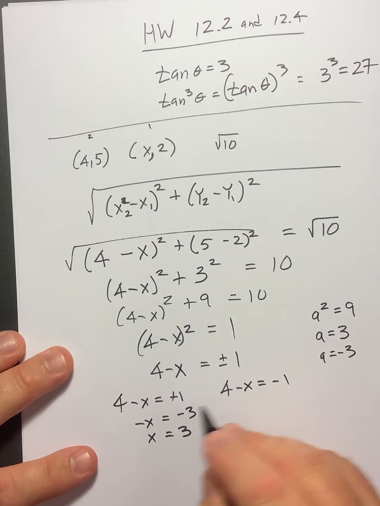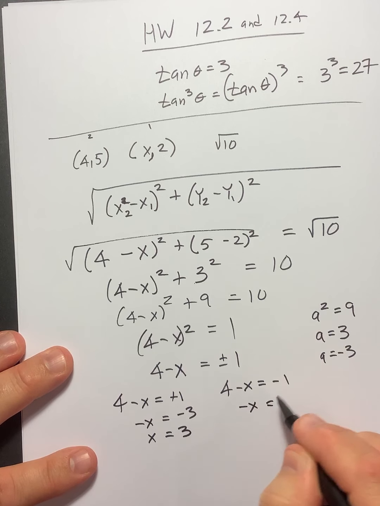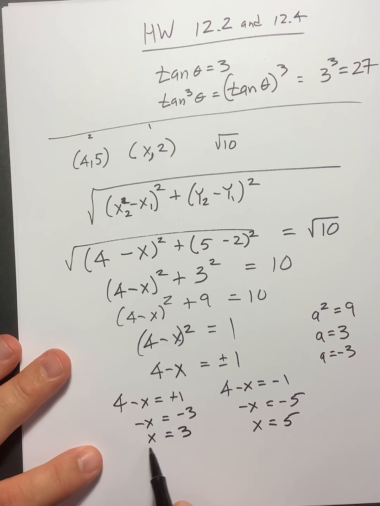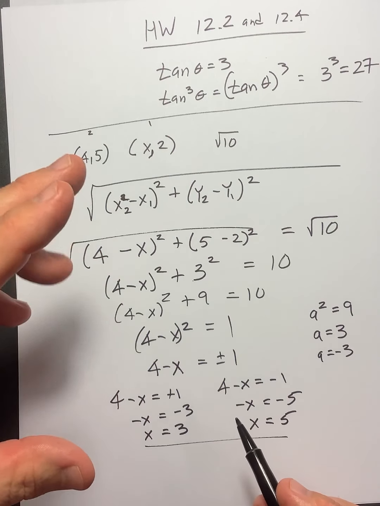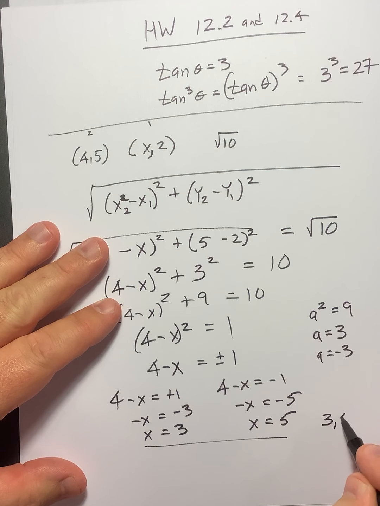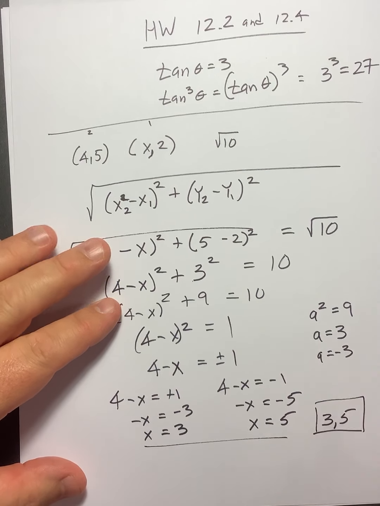Over here, same thing, subtract 4 from both sides. Only in this case, I get negative 1 minus 4, which is negative 5, and so then 5. So we have 2 answers, potentially here, that will work. I think the problem said to write them as a list with commas. So you would put 3, 5 would be the correct answer.